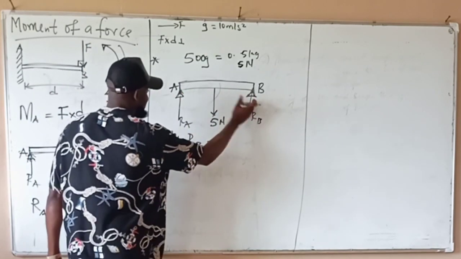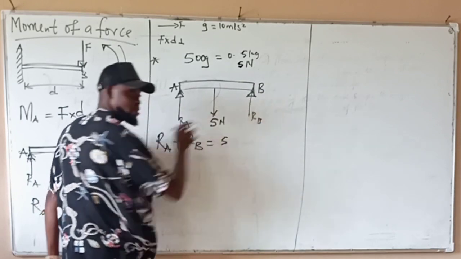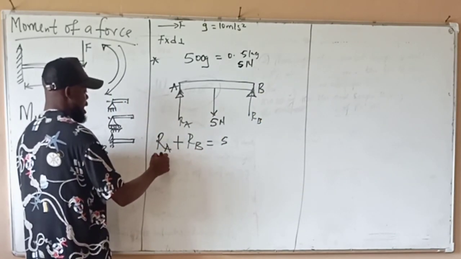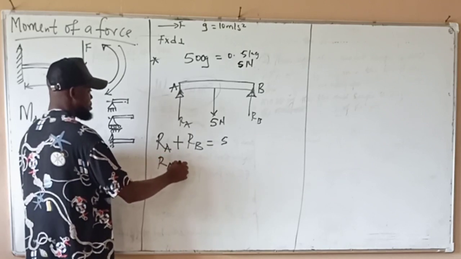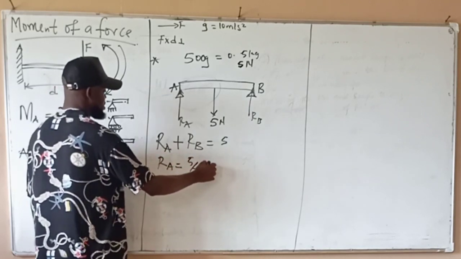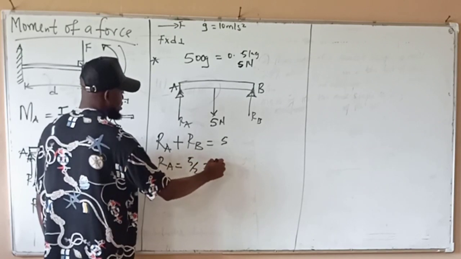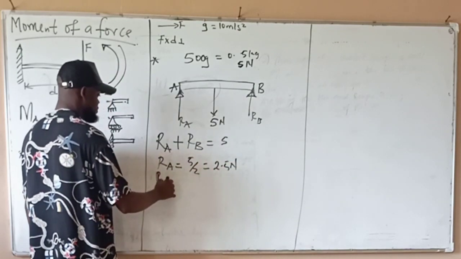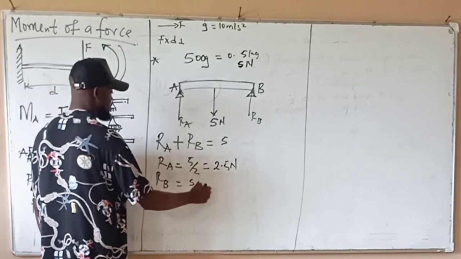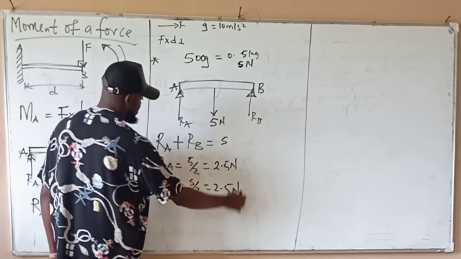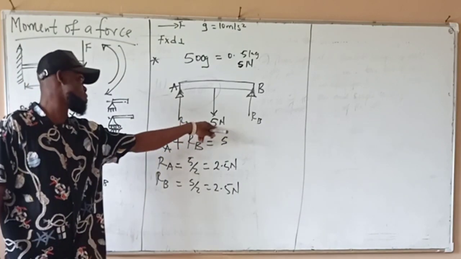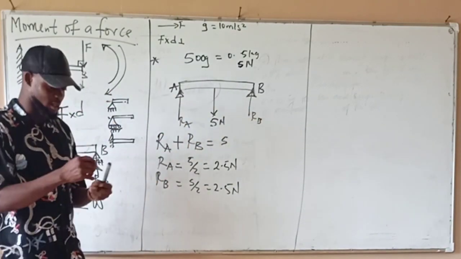So our arrow A will be equal to 5/2, which is 2.5 newtons. Our arrow B will be equal to 5/2, so 2.5 newtons.